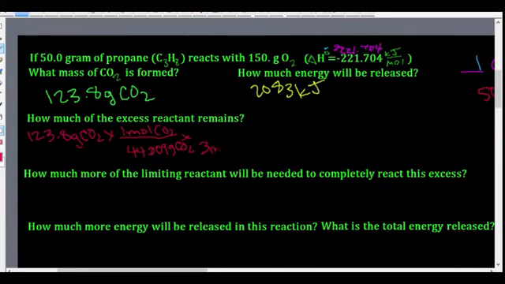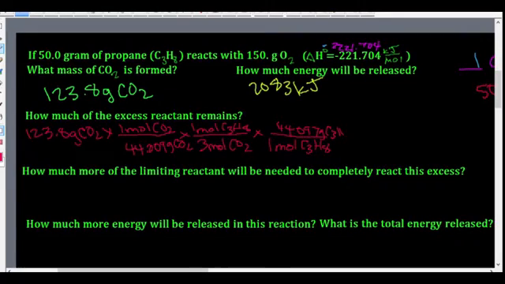So 3 moles CO2, 1 mole C3H8, times 1 mole C3H8 is 44.097 grams C3H8.